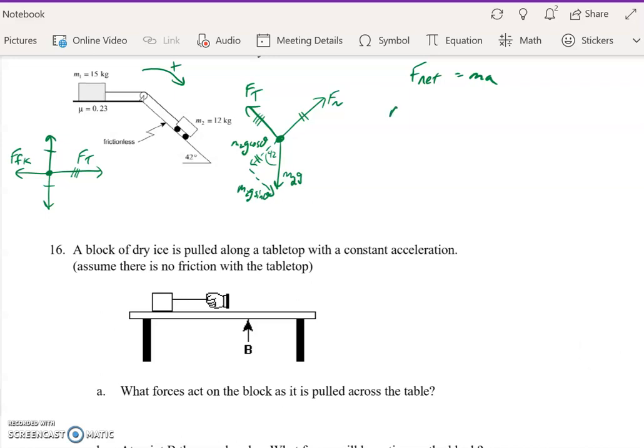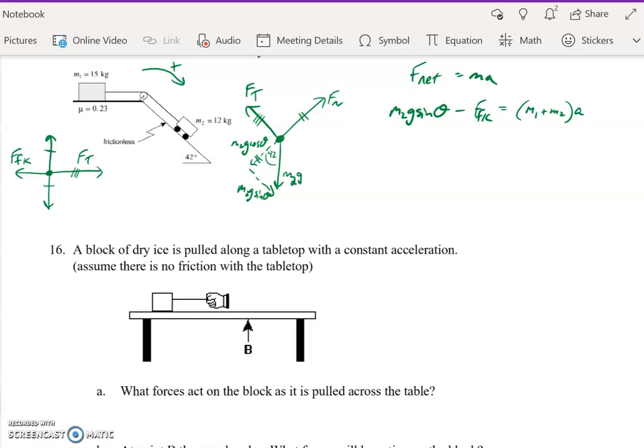I've got m2g sine theta, that's going downhill. And I've got force of kinetic friction on the block going uphill, so I would subtract it. That all equals m1 plus m2 times the acceleration. Those are my 2 forces that contribute to the net force of these objects moving along the plane that they're moving.